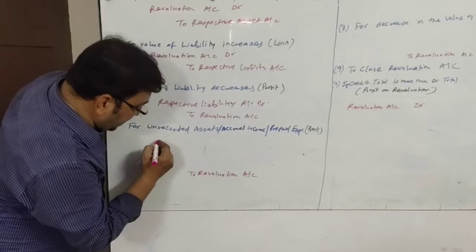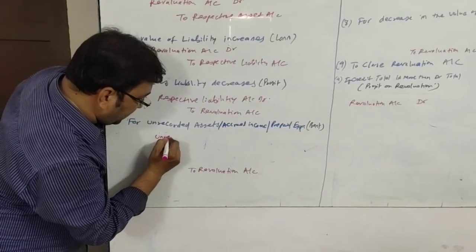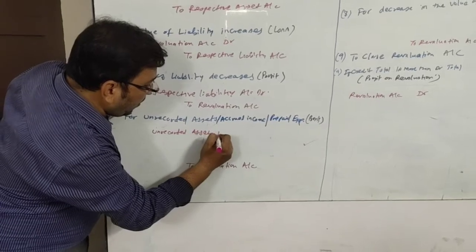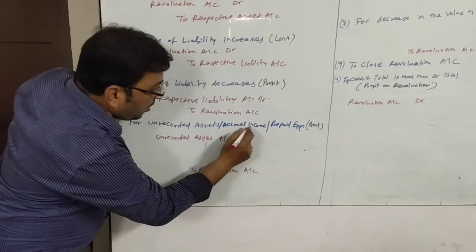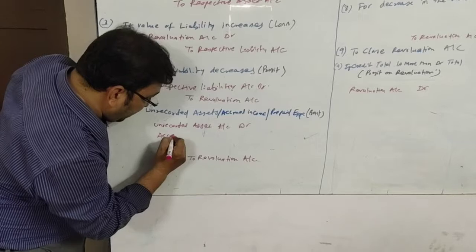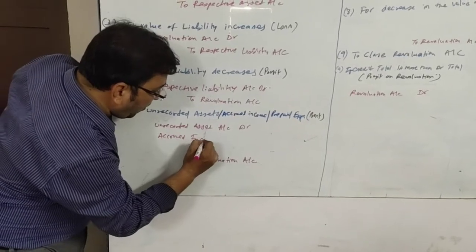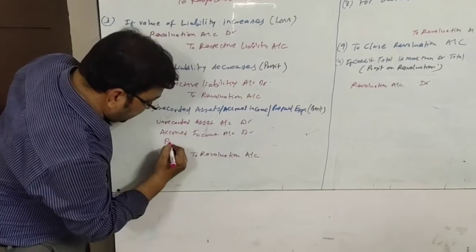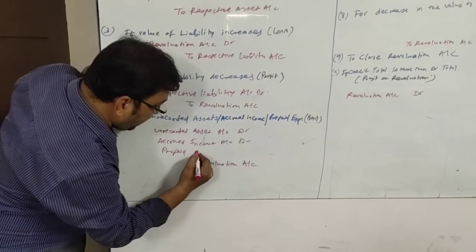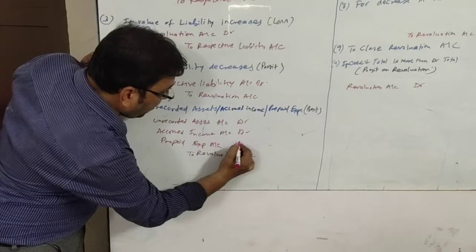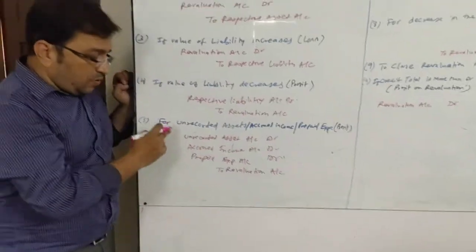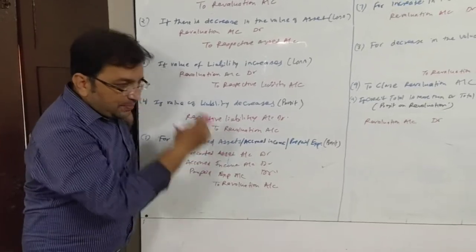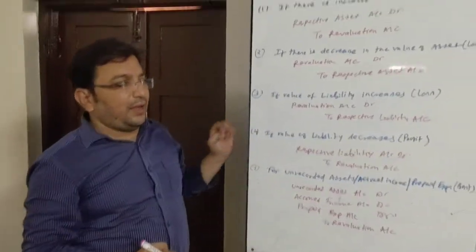That particular asset or accrued income or prepaid expense. So unrecorded asset, accrued income or prepaid expense account debit to revaluation account.